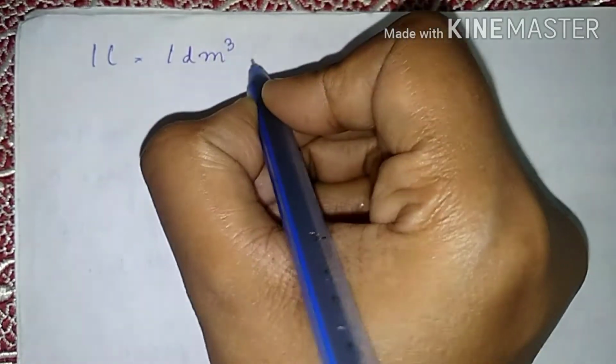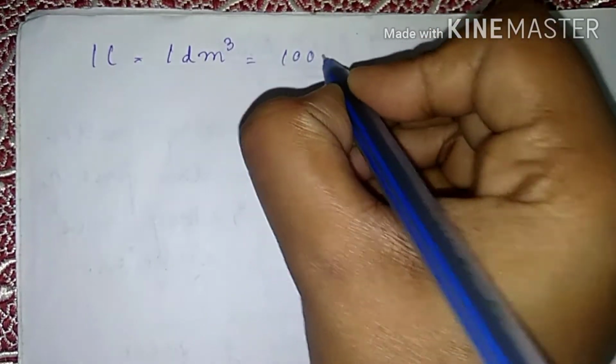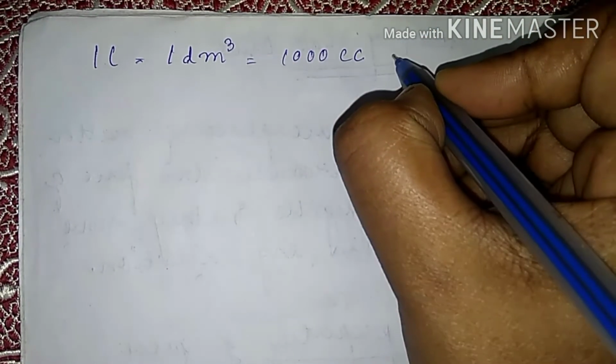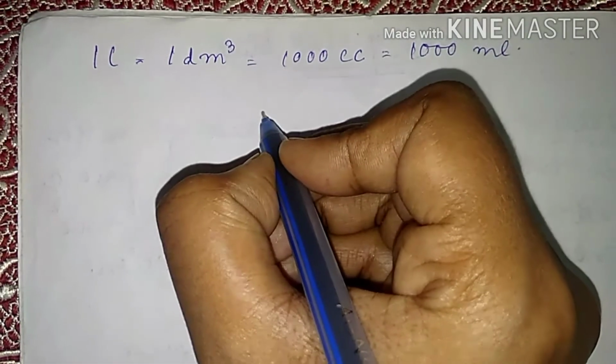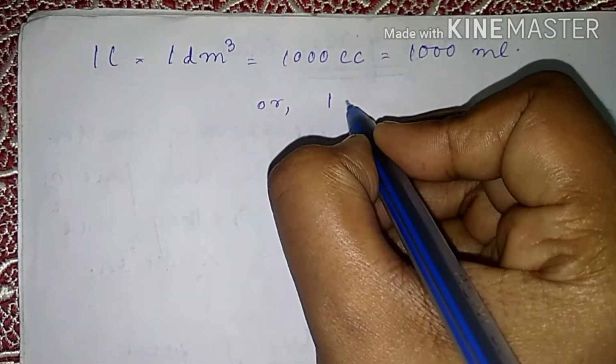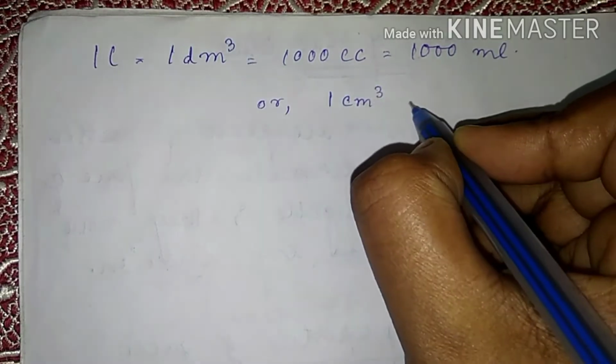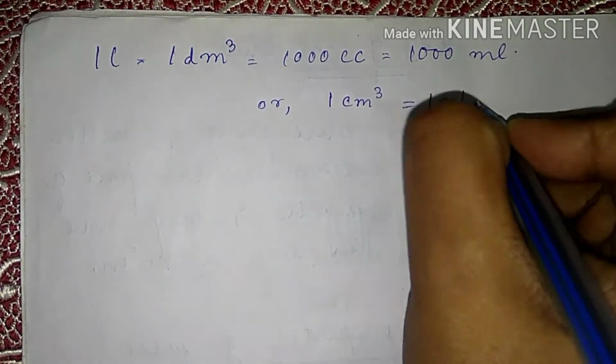Some of the relations between the units of volume are: 1 liter equals 1 decimeter cube, which equals 1000 cc or centimeter cube, which equals 1000 ml. Or we can say that 1 centimeter cube equals 1 ml.